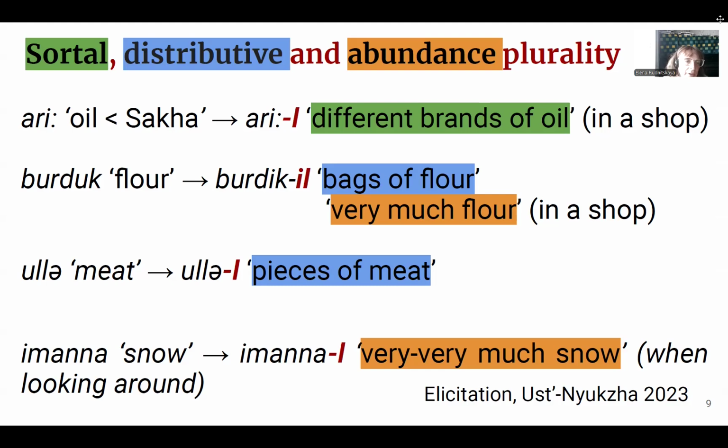For instance, when the plural marker is added to the base flour, borduk, we can interpret it as bags of flour. This is the distributive interpretation, or as very much flour, the abundance interpretation.